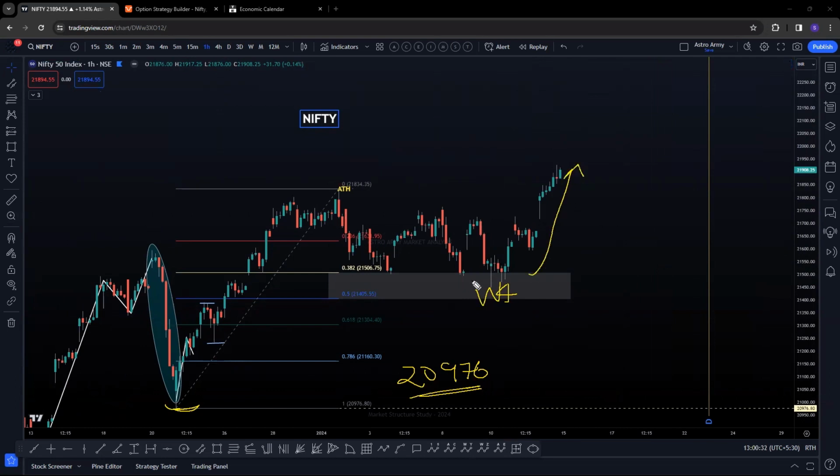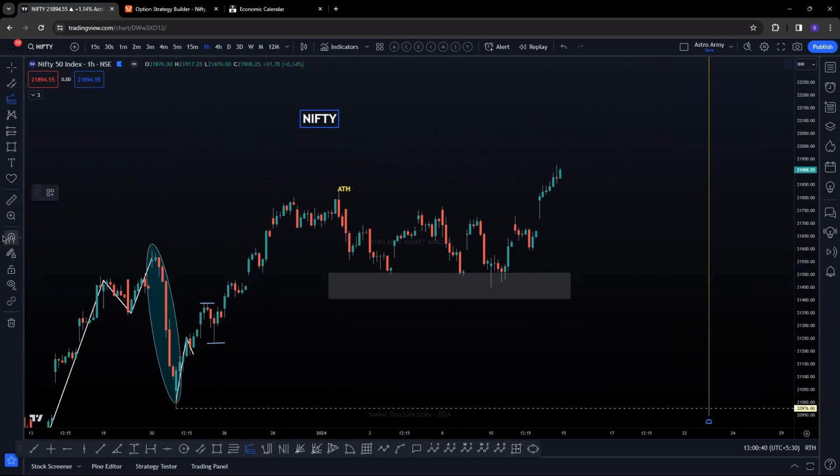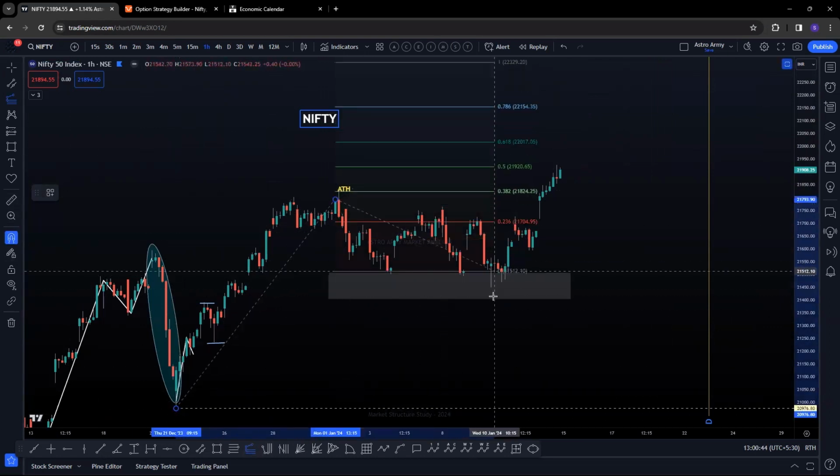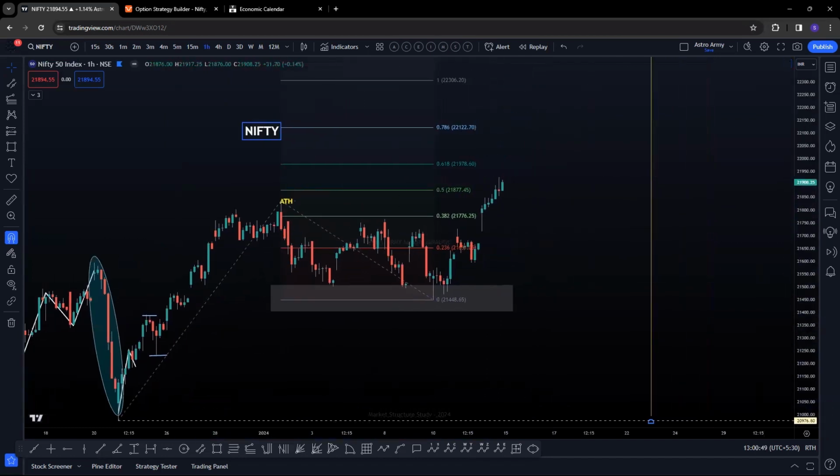Now the question is, before the wave finishes, you must have an idea till where it can go. So using your fib extension, you get a rough idea. As expected in normal terms, we see 50 to 60% extension.